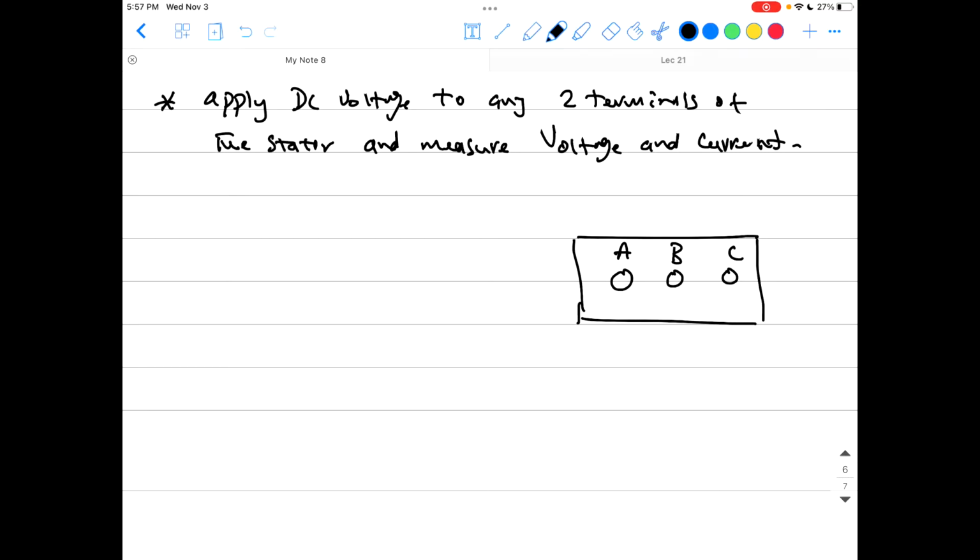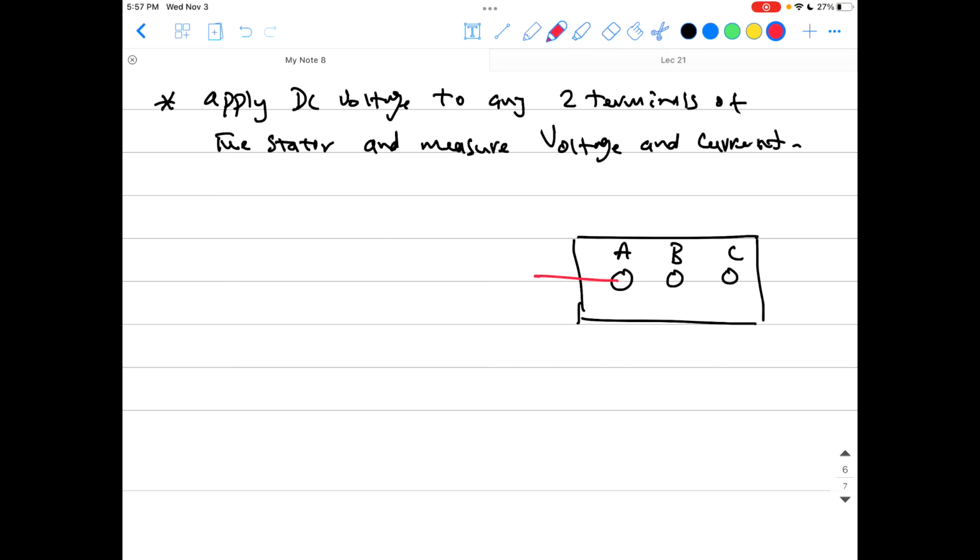But most of the time you do not have access to all 6 terminals, because the stator winding will be internally connected as Y or delta, and you will have just the line terminals out. You will not have access to each phase individually. So that's why I'm saying do it like that.